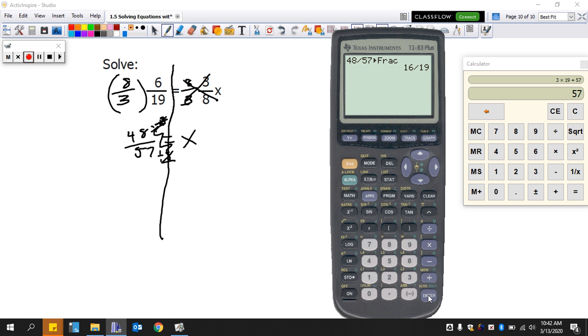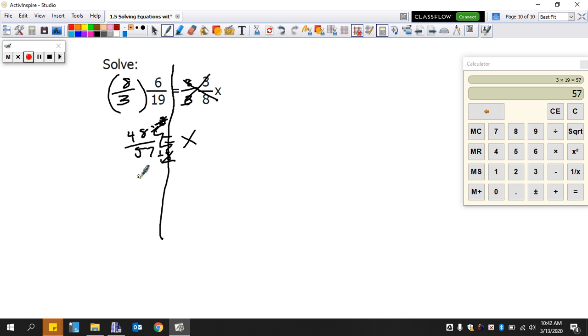So that does reduce down to 16 over 19. Yes, obviously 3 goes into both of those, because we said 3 times 19 is 57. So 16 over 19 is the reduced form.